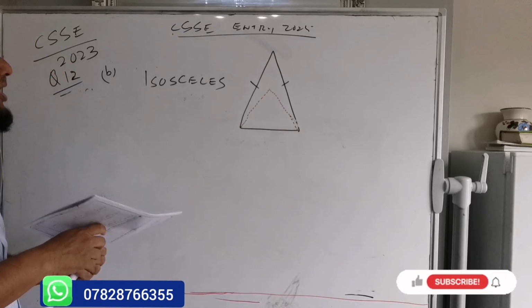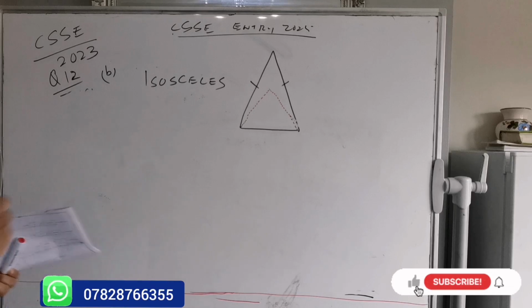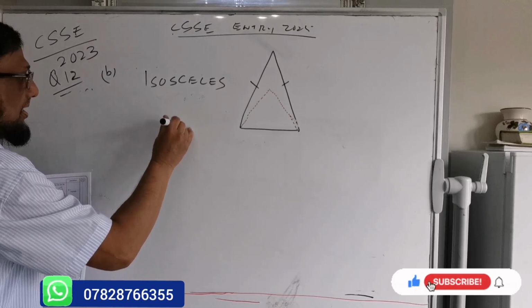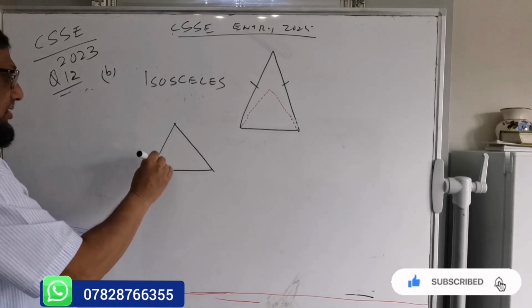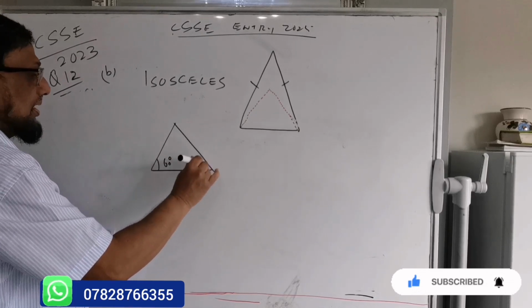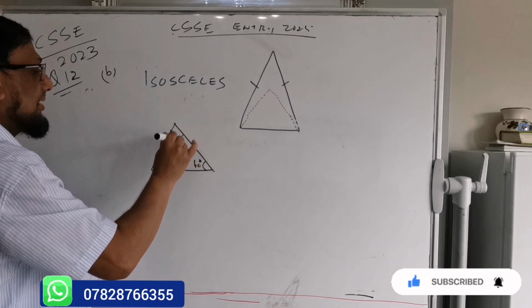And we must know about equilateral triangles. On the other side, I'm going to draw here. This is an equilateral triangle, and the property of the equilateral triangle is that all sides are equal to each other.